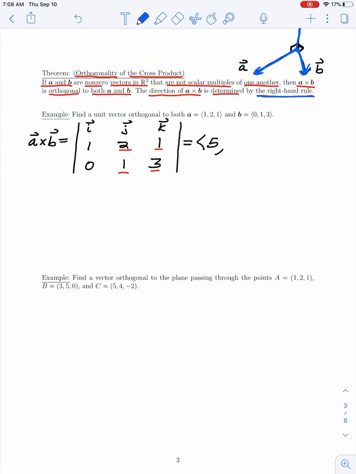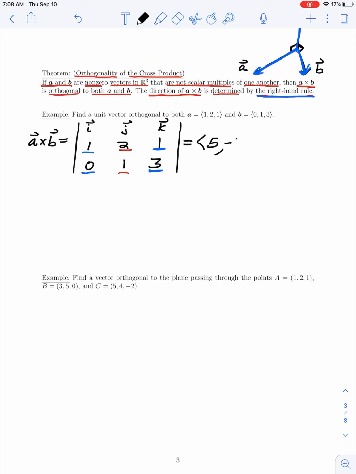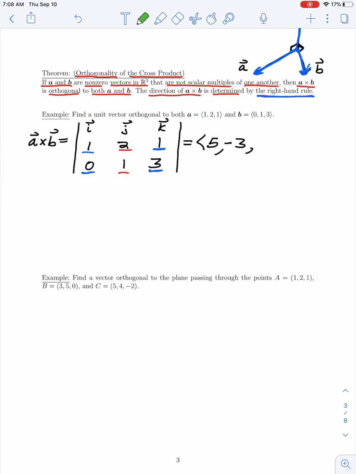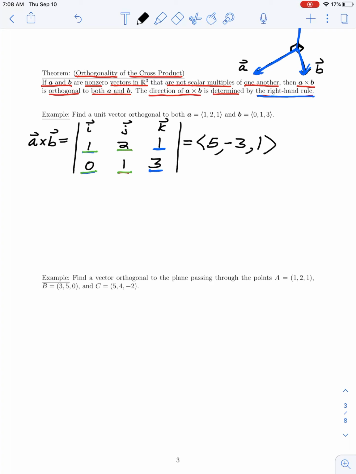For our j component, I would take the product of these off diagonals, 1 times 0, which is 0, and then subtract the product of these diagonals, 1 times 3. So 0 minus 3 gives me negative 3. And then for the k component, I would take the product of 1 times 1 minus 2 times 0. So 1 minus 0 is 1.